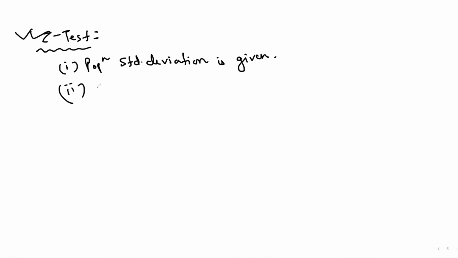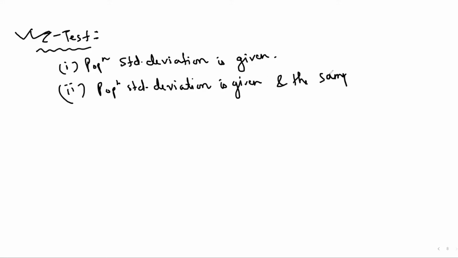Number two is if the population standard deviation is given and the sample size considered for this test is at least 30, meaning n should be greater than or equal to 30.